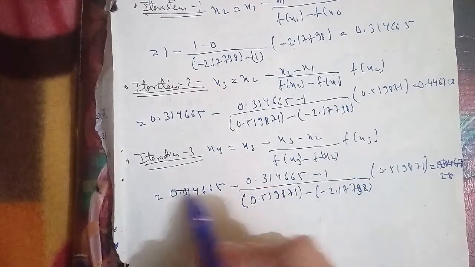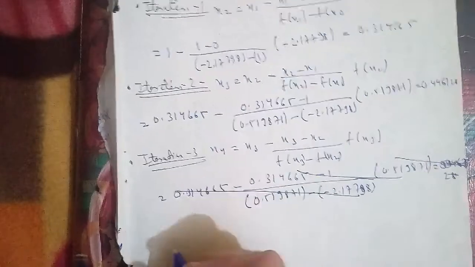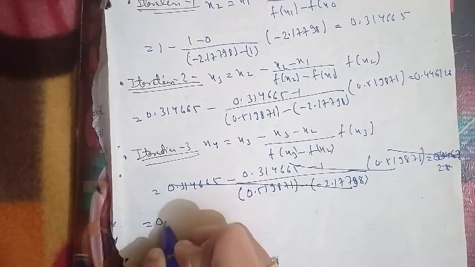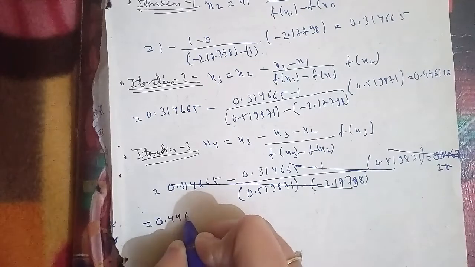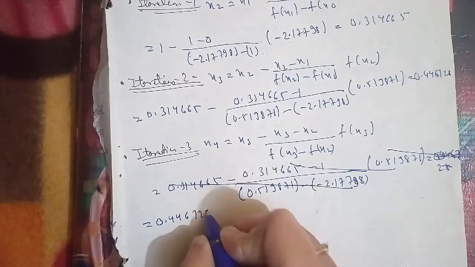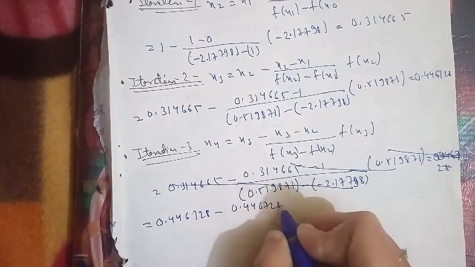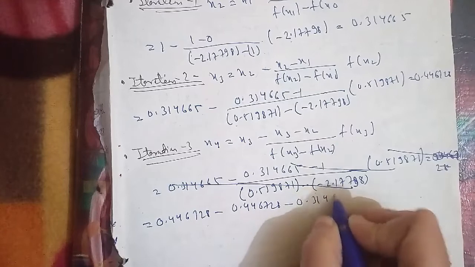Upon minus 0.519871, 0.03545 equals 0.531706. Now we'll talk about iteration 4.